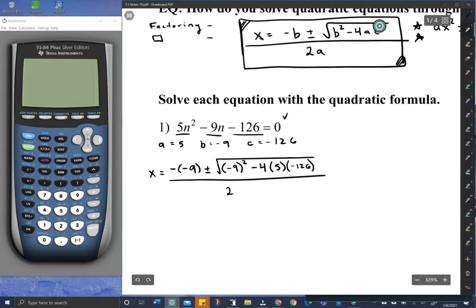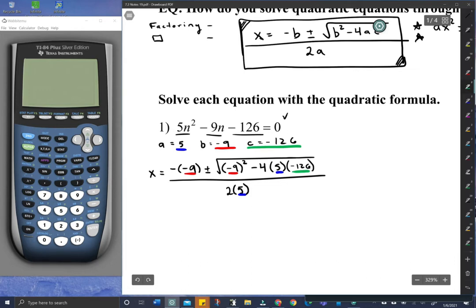So again, just plugging all that stuff in. a is 5, so there's the 5 and the 5. b is negative 9 in parentheses, and I know it doesn't seem like much, but it will be important. Okay, so we have it set up, and really we're just going to simplify.